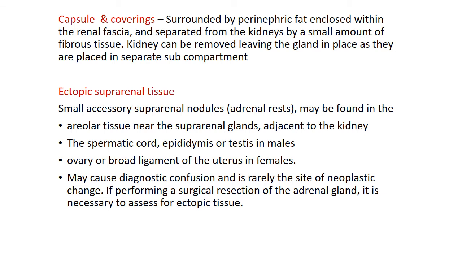Sometimes neoplastic tumors can arise from this ectopic adrenal tissue. If we are performing a surgical resection of the adrenal gland, it is necessary to assess the ectopic tissue, so with the gland, the ectopic tissue should also be removed.